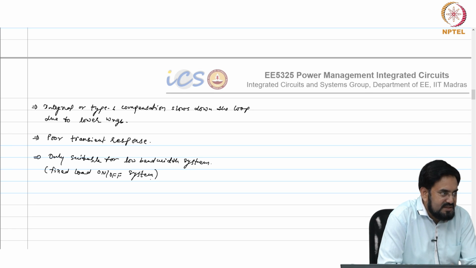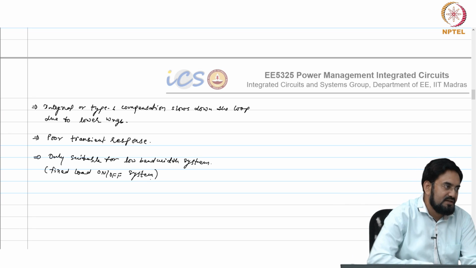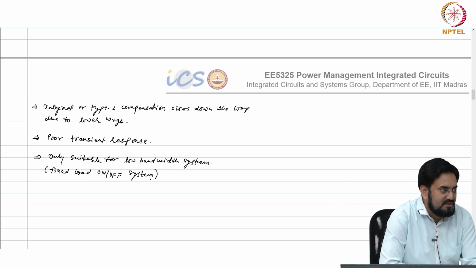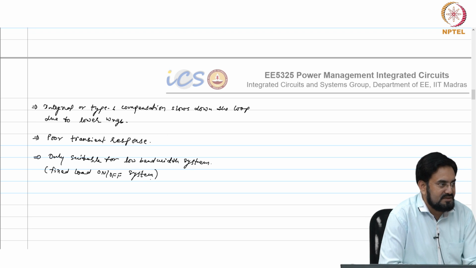So your load is not changing, your current will remain constant, or your LED light, let us say. You turn it on and off, that is it, there is no change in the load. So the moment you turn on, it will settle to a certain current, turn off, current will go to 0, that is it.